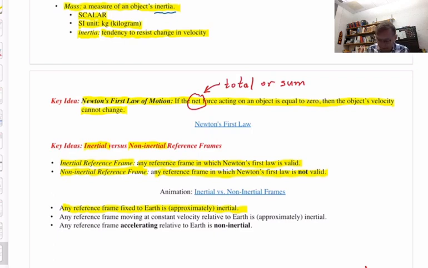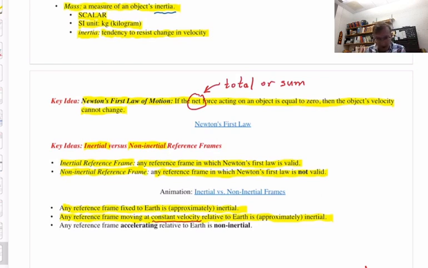Here's another idea. Any reference frame moving at constant velocity relative to Earth will be taken to be inertial. Constant velocity. Now, I didn't have an example of that in my animation I just showed you, but you could imagine.